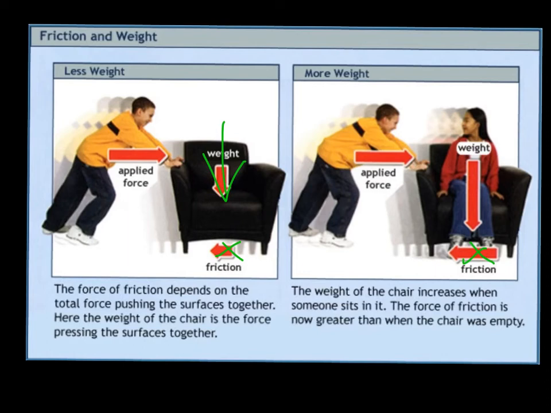An example is if you take a look at this picture, again, where you're looking at the chairs. Well, if these are sliding across a very slick floor, like a wood floor or linoleum, then it's going to move much more easily. If it's sliding across carpet, it's going to take a lot more force.